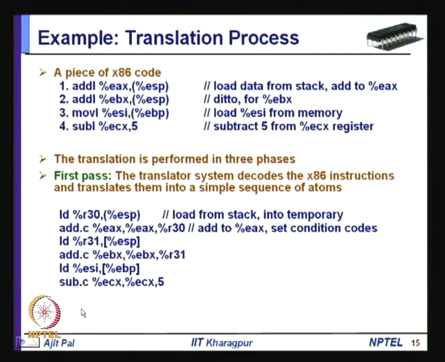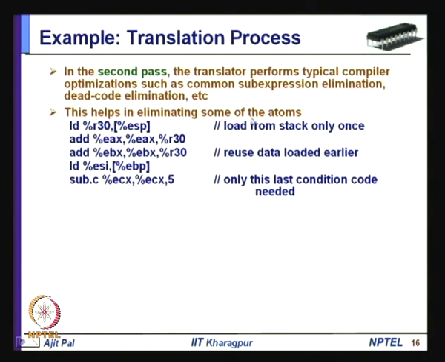After this first pass is over, in the second pass, the translator performs typical compiler optimizations such as common subexpression elimination, dead code elimination, and so on. Whenever you are writing an optimizing compiler, you have to do different types of optimizations. With dead code elimination, some code generated by the compiler is never executed, so it can be removed.